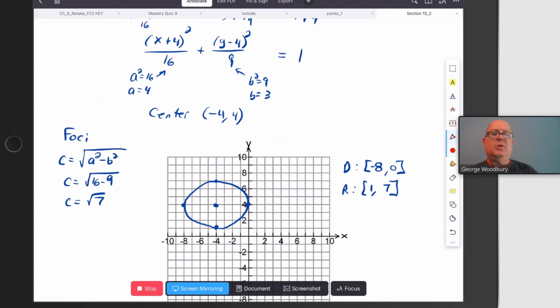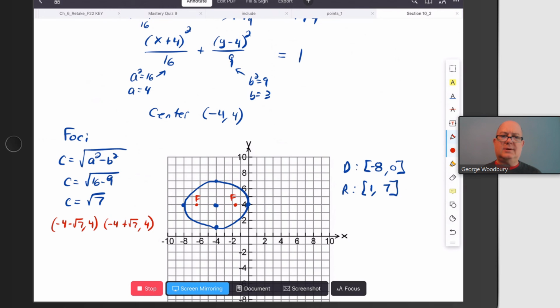So the square root of 7 is between 2 and 3. So I know that if I move to the right and the left by about that amount, I'm going to get the two foci. The exact foci are negative 4 minus root 7, comma 4, and negative 4 plus root 7, comma 4.